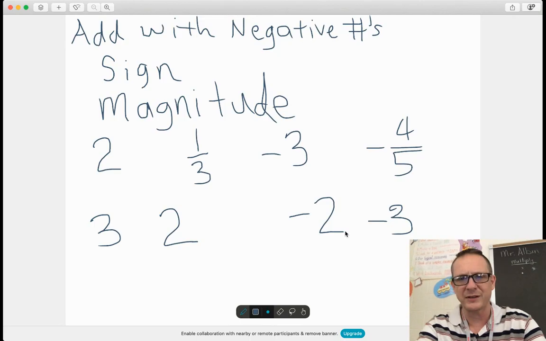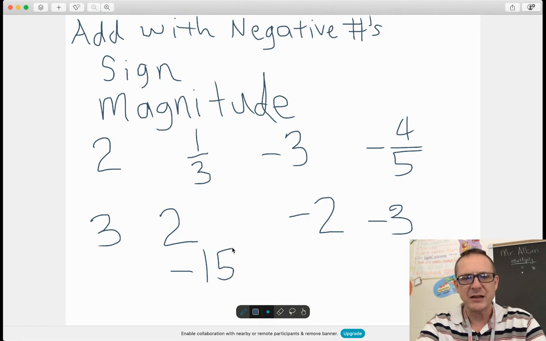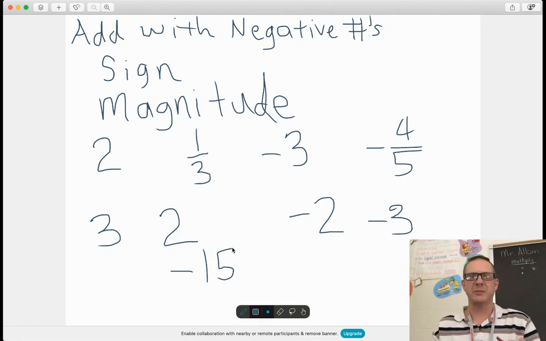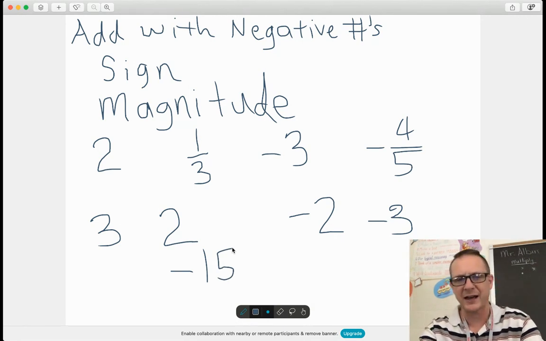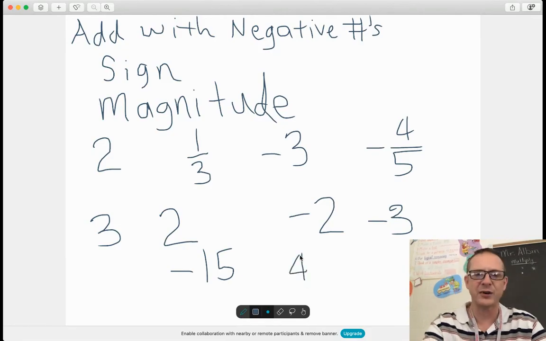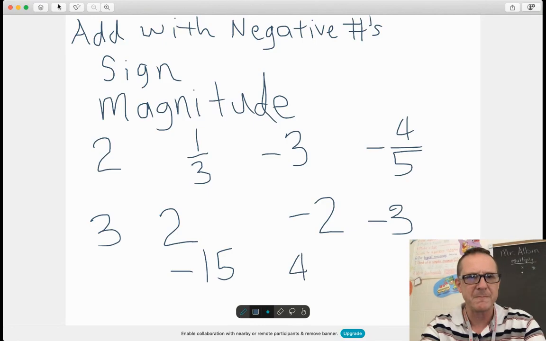So we would say that, for example, the number -15 is a much bigger number in general, ignoring the sign, than the number 4, because if we ignore the sign, then 15 looks larger than 4.